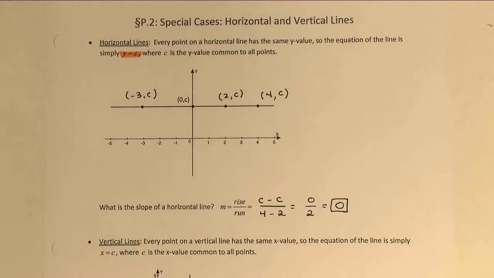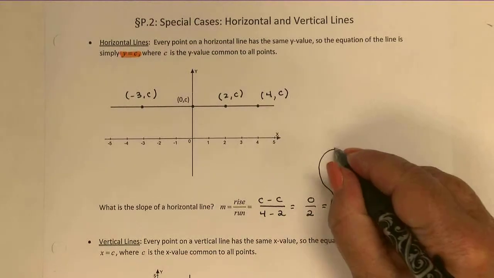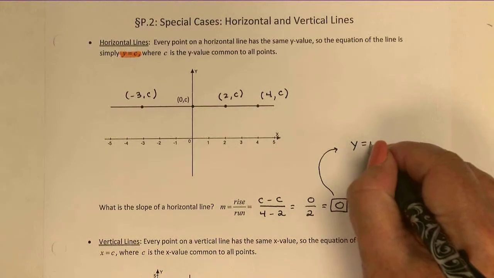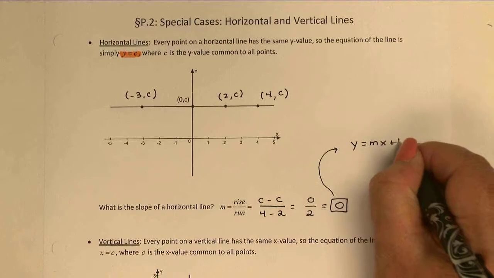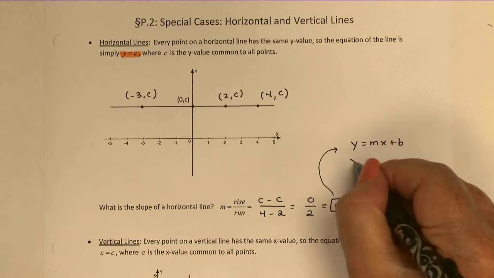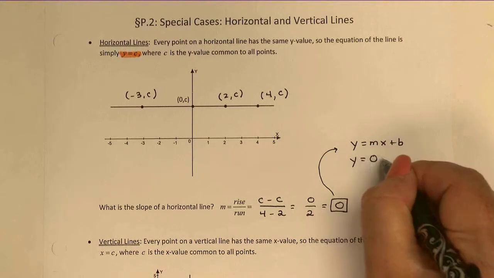If I use that slope that we just calculated, I can go back to the equation y equals mx plus b, and let's think about what that gives us for the equation of a line. We've just decided our slope m is 0.